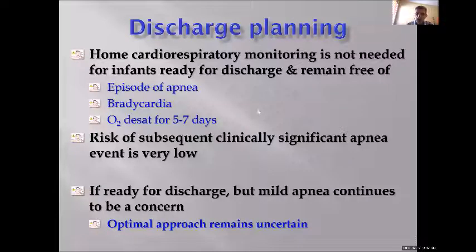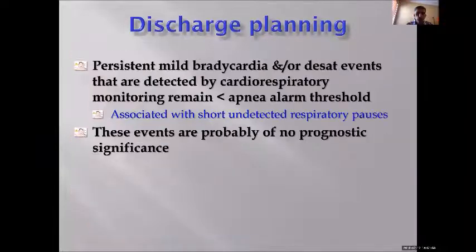The best would be if the baby is not in apnea, not on caffeine, with clinically no significant apnea. Home. If has apnea, then no home. If it's in between, mild apnea, pauses, no bradycardia, it's very hard to decide. I would do it on individual cases.